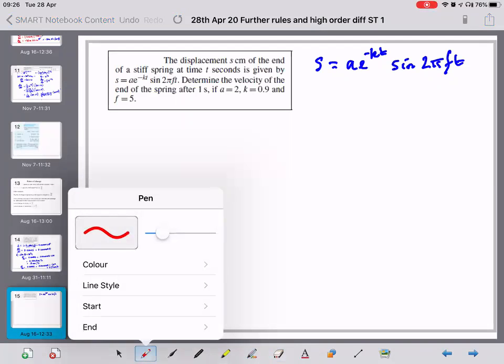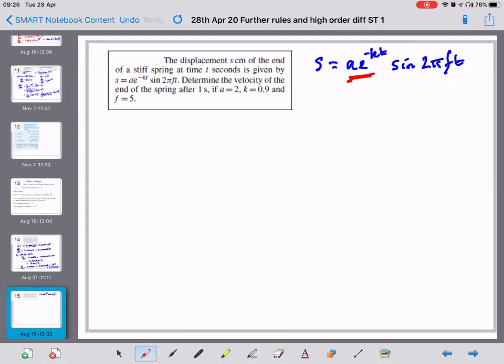We've got a function of t here, multiplied by another function of t. Product rule.